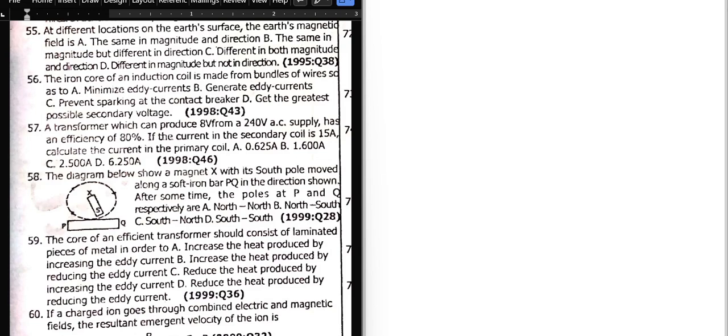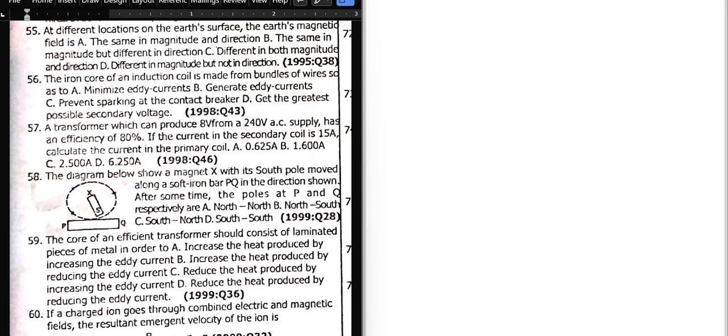If the current in the secondary coil is 15 amperes, calculate the current in the primary coil. So what you are looking for is the current in the primary coil. We'll have the secondary coil this time.